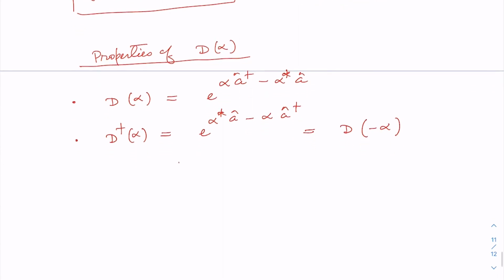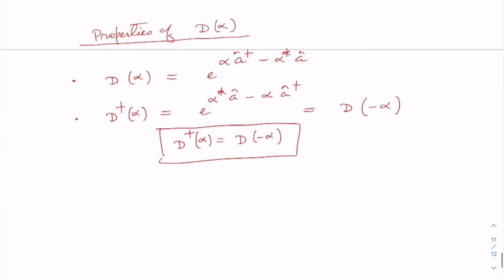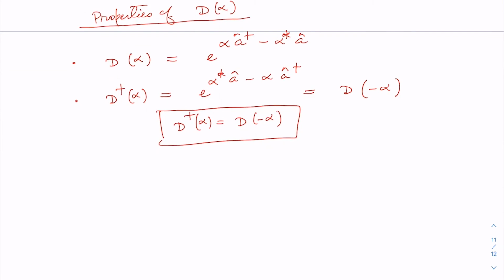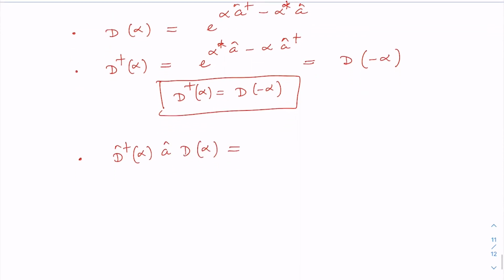So this is one important relation to remember. And secondly, you can work out D dagger(alpha) a D(alpha), and you will find that this would be simply equal to a plus alpha.